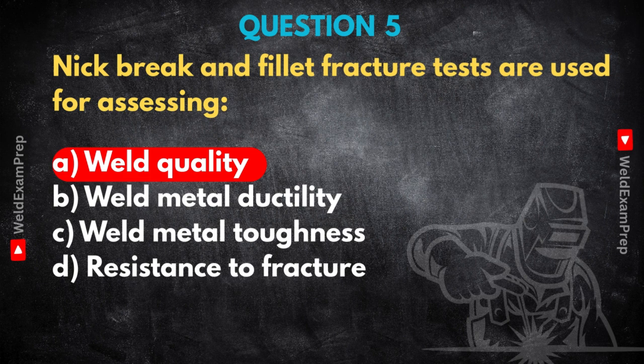Absolutely foundational. We navigated the standards, identifying EN 11637 as the go-to for visual NDE of fusion welds. Key for consistency. And finally, we looked at those destructive tests, nick break and fillet fracture, understanding they're primarily for assessing overall weld quality by revealing internal flaws.